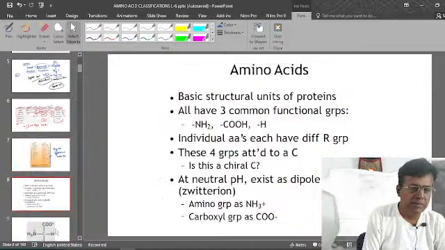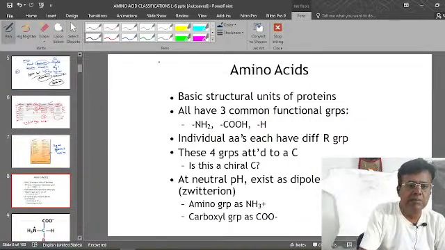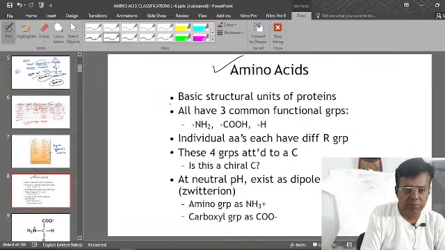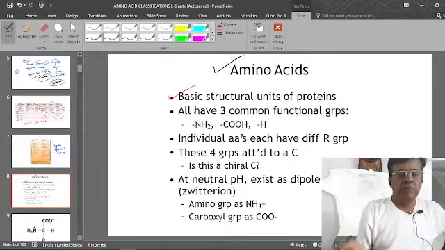Okay. So if you'll see the details about the amino acids, what we can see, basic structural unit of proteins, yes, because without amino acid you cannot form a protein, right?